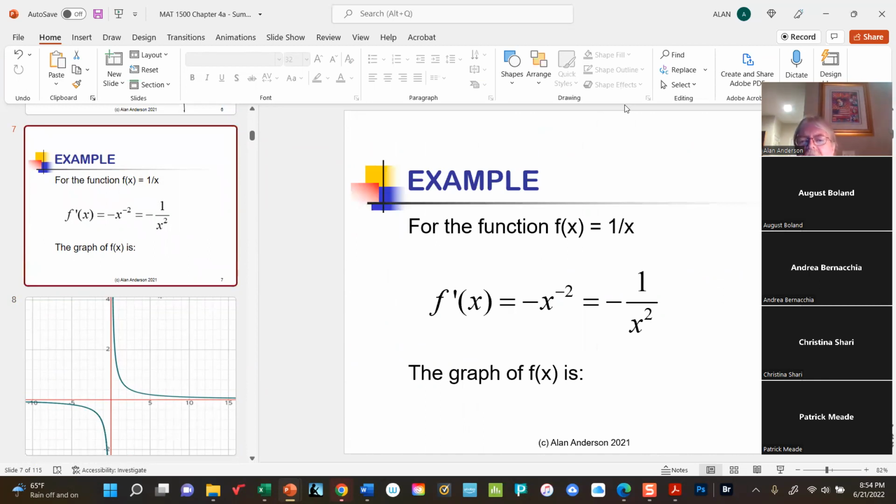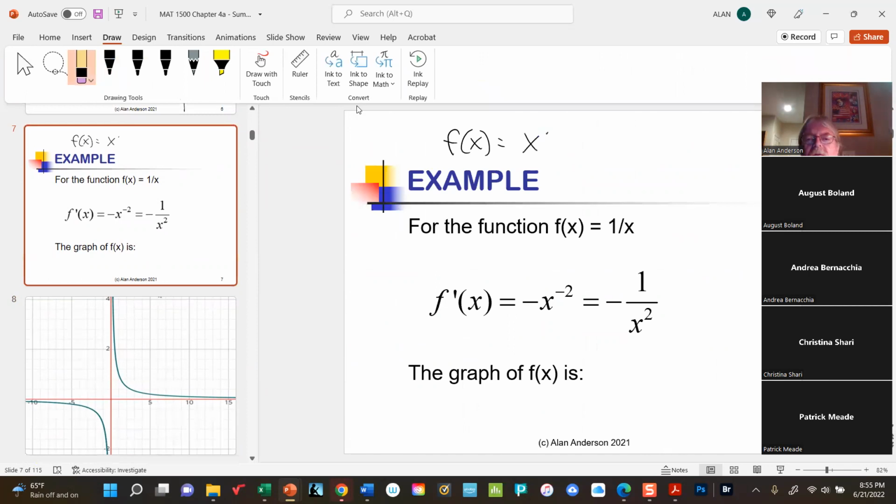So here's the key to this whole thing. 1 over x, remember, is equal to x to the minus 1 power. So that means that if you think of this as kx to the n power, k is 1.